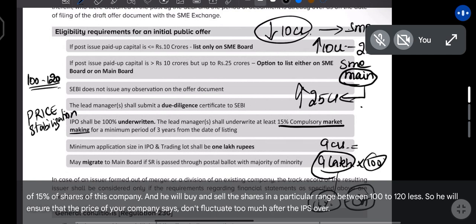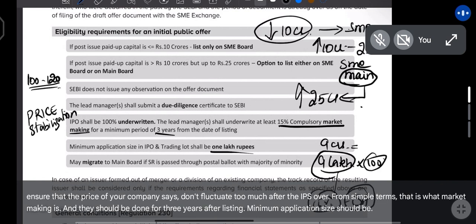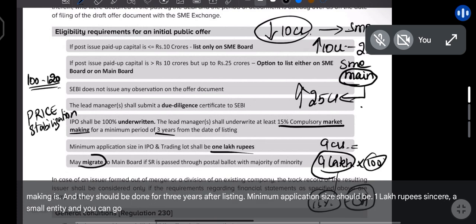So in simple terms, that is what market making is. And this should be done for 3 years after listing. Minimum application size should be 1 lakh rupees since you're a small entity. And you can migrate to the main board if you pass a special resolution.